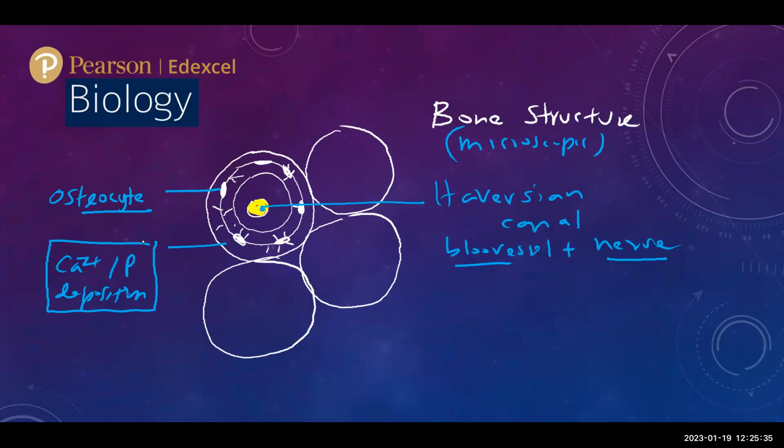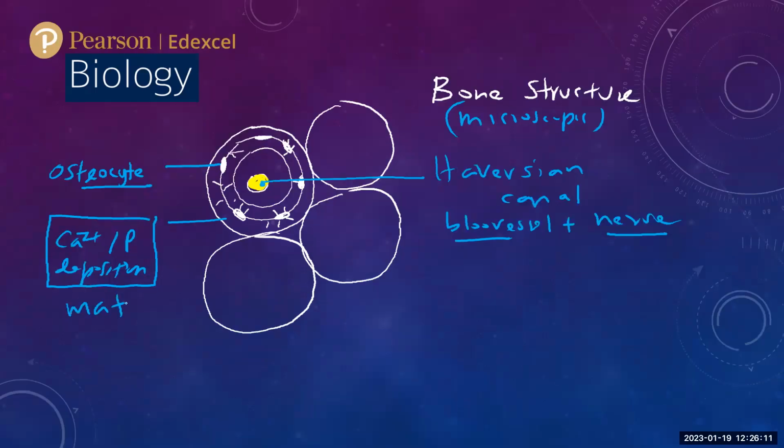Can you also copy this down? Calcium and phosphorus, calcium phosphate, deposit to form the bone matrix.